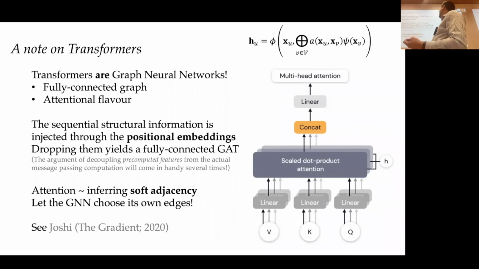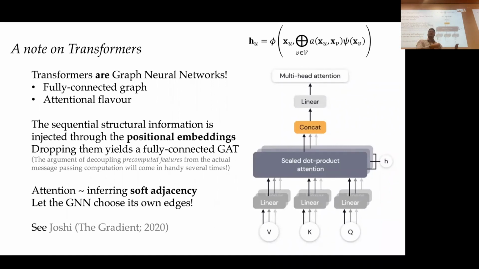And you might be wondering, okay, but what about the sequential information in the words? Isn't the graph neural network permutation equivariant? Like, these words should have a sequential structure to them. Well, a transformer fixes that by putting these positional embeddings in the inputs. But those are just extra features that give you a hint as to where this node is in the graph, right? The model itself doesn't have to use those features whatsoever.